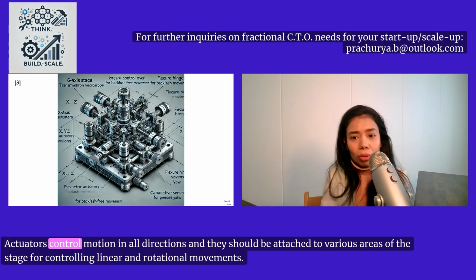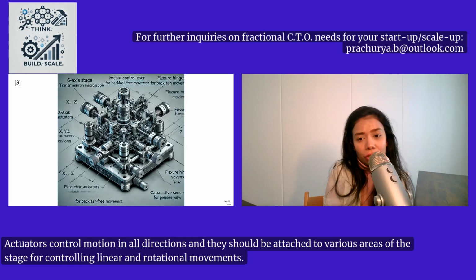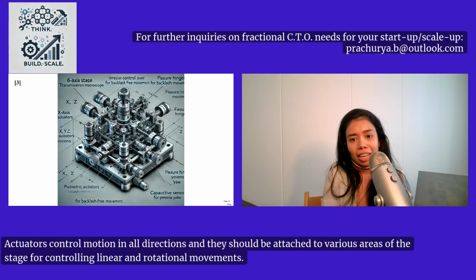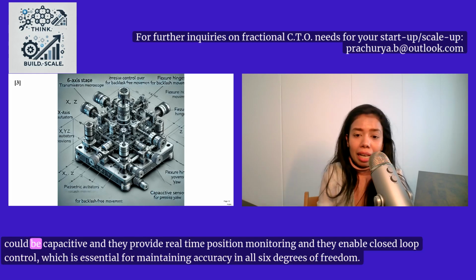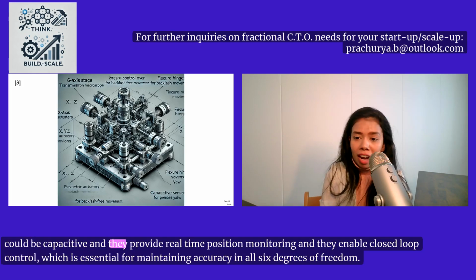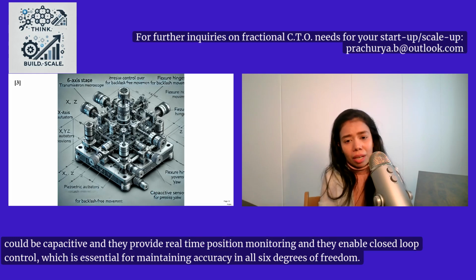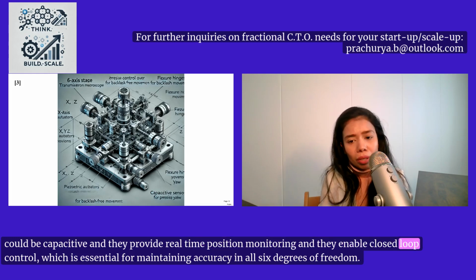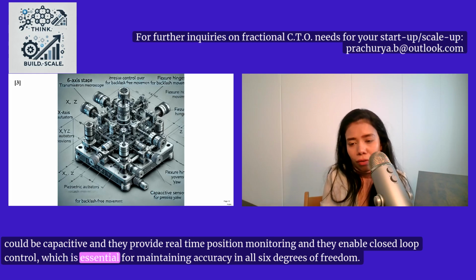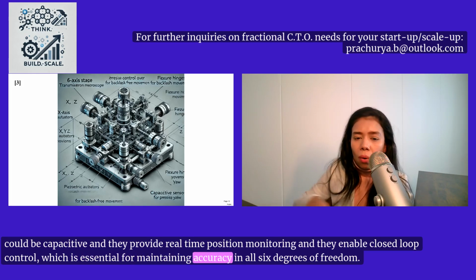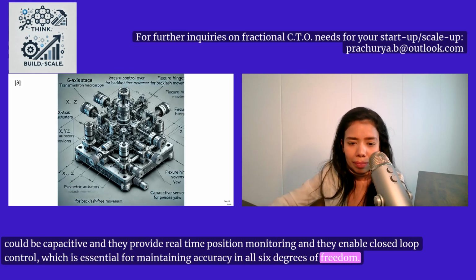Actuators control motion in all directions, and they should be attached to various areas of the stage for controlling linear and rotational movements. Sensors could be capacitive, and they provide real-time position monitoring and enable closed-loop control, which is essential for maintaining accuracy in all 6 degrees of freedom.